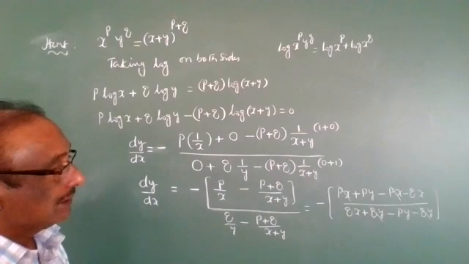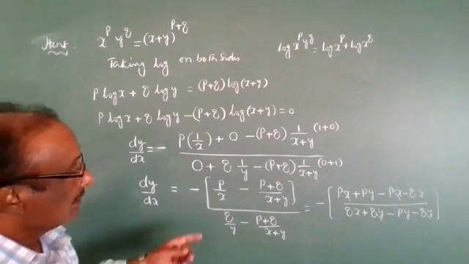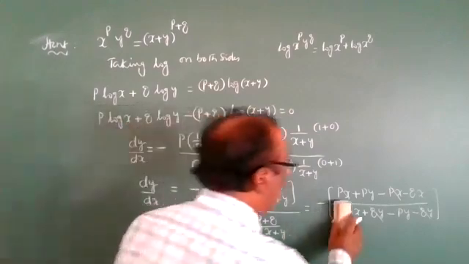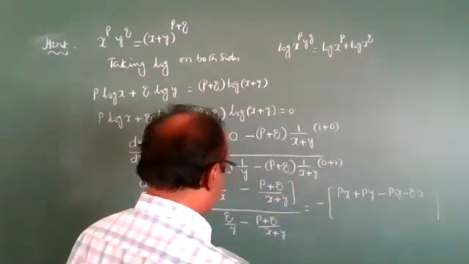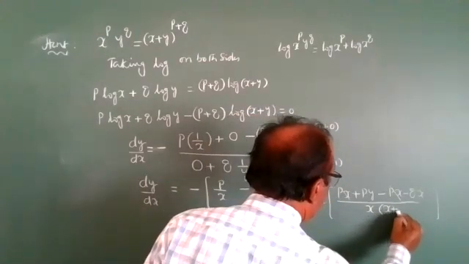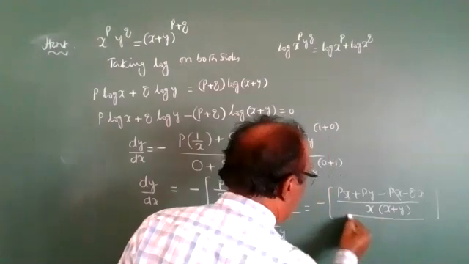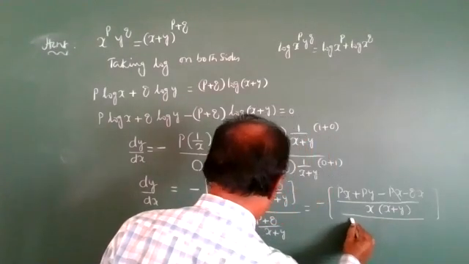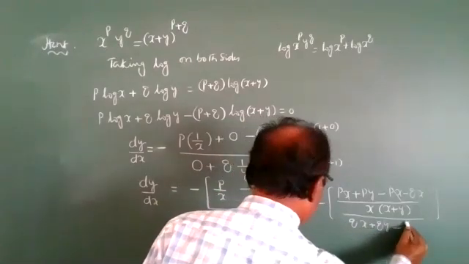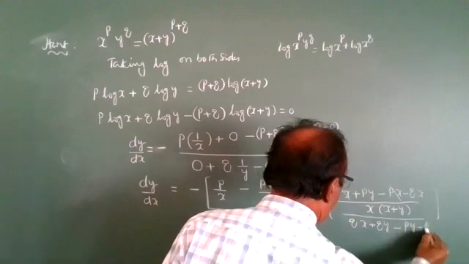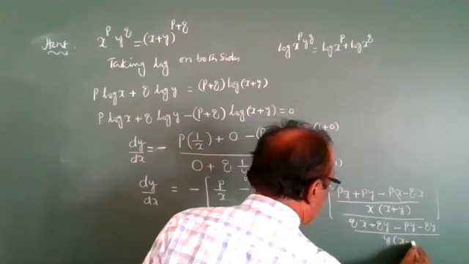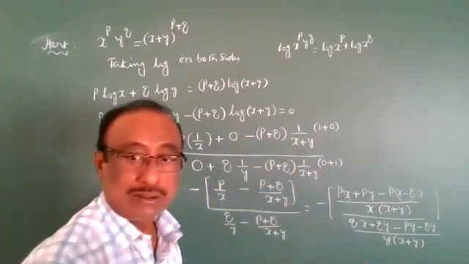Here the denominator I forgot, sorry. Here it is x into (x plus y) over the numerator, and the denominator is y into (x plus y).